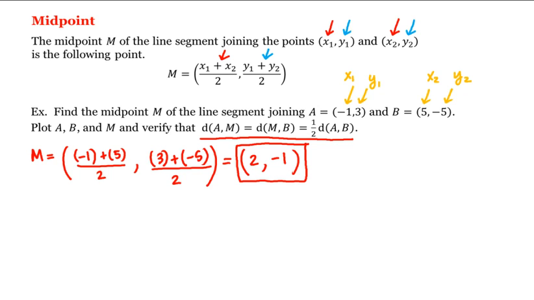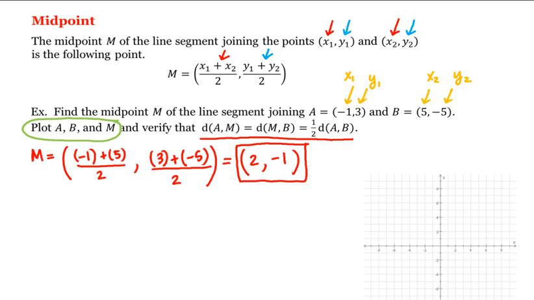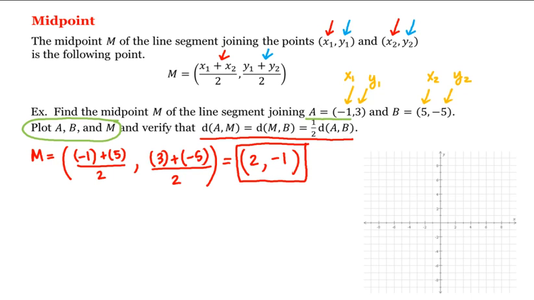All right, so now let's plot A, B, and M. We're given that A is located at the point (-1, 3). So x equal to -1 is here, y equal to 3 is here, which means this is the point A, which is (-1, 3).